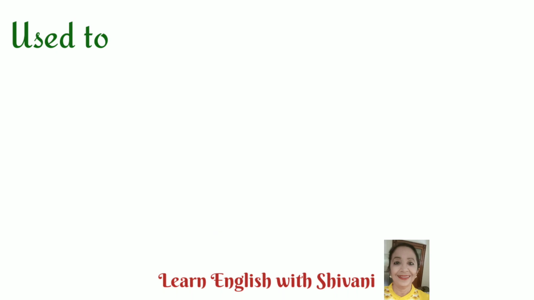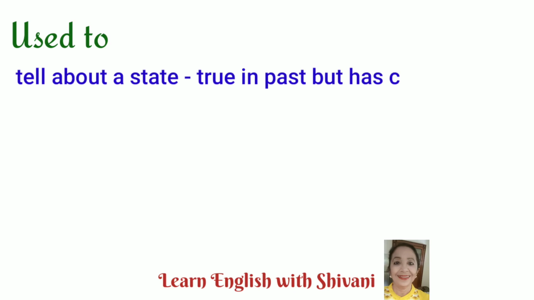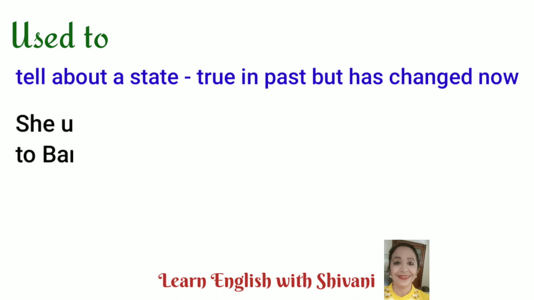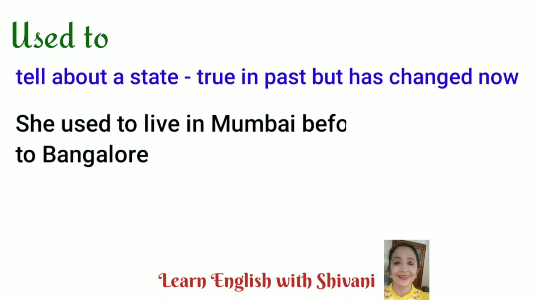We can also use used to tell about a state or something that was true in the past but has changed now. For example, she used to live in Mumbai before shifting to Bangalore.